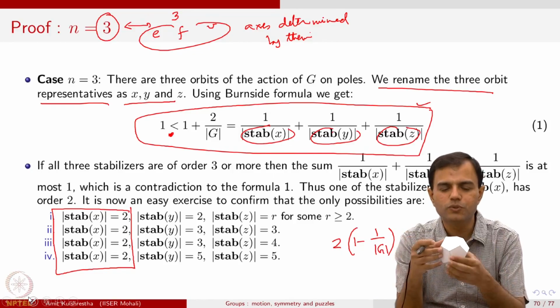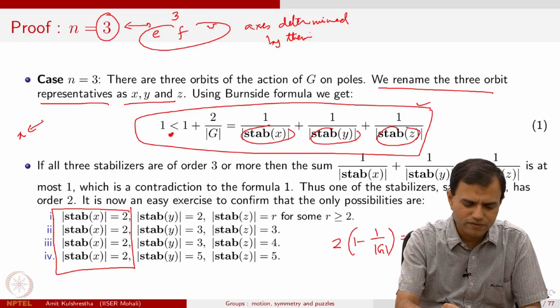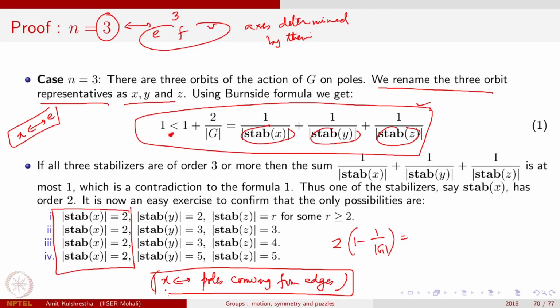So 2 corresponds to edges. So x here therefore corresponds to poles coming from edges. But we don't need all this to proceed. I am just making a side remark.